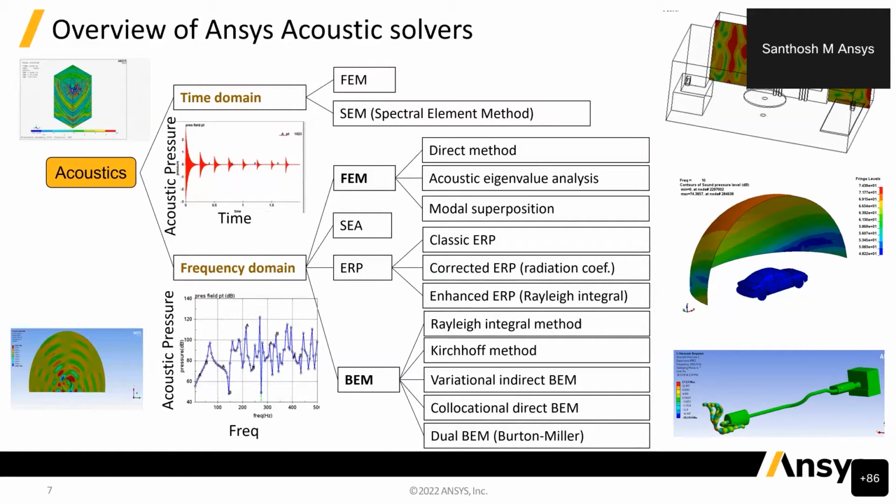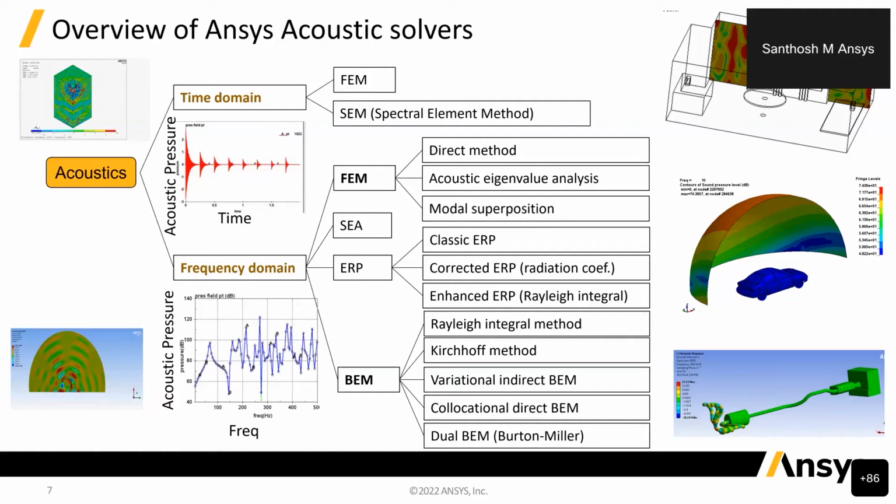Some of the problems require us to look at the acoustic field distribution, either in terms of the acoustic velocity or acoustic pressure, in the time domain. Something like we are using some sensors or a MEMS device which is going to start radiating ultrasonic waves, or there is an impact on the structure that is trying to vibrate the structure. We need to focus more on the time domain.